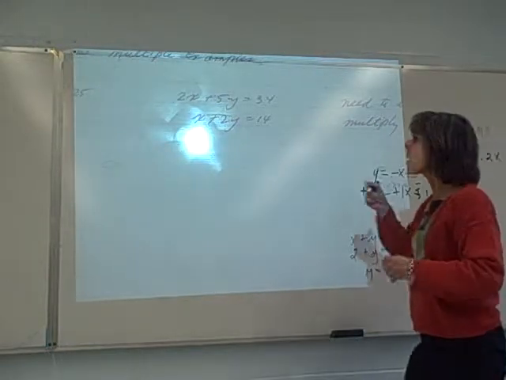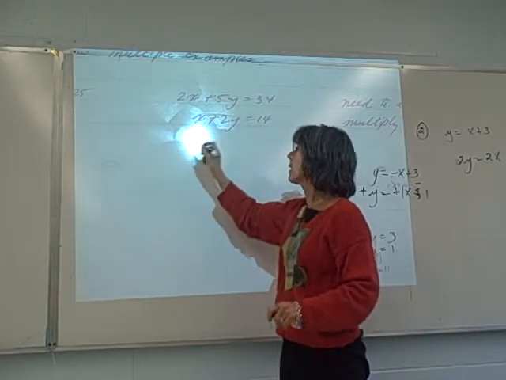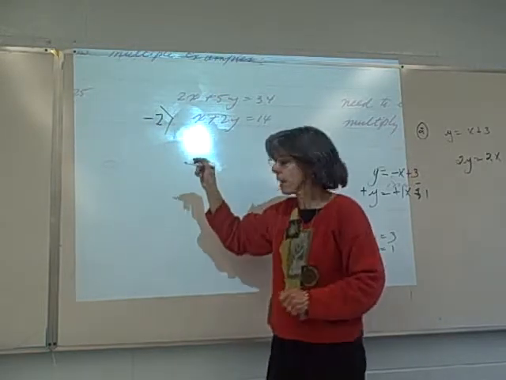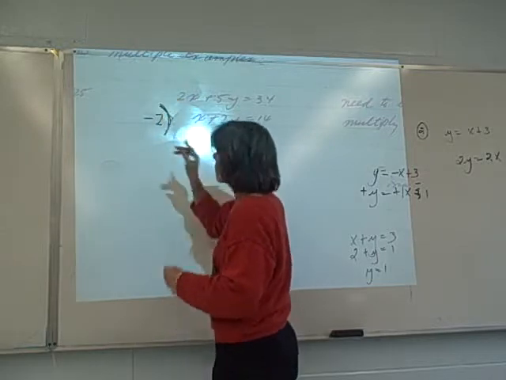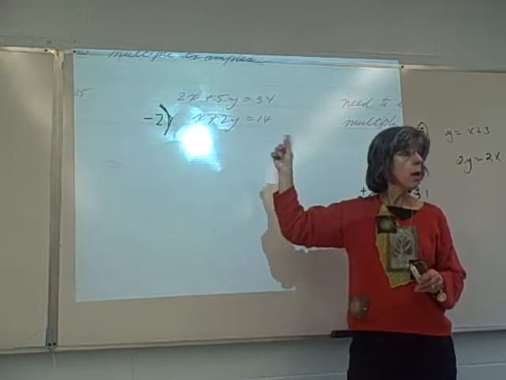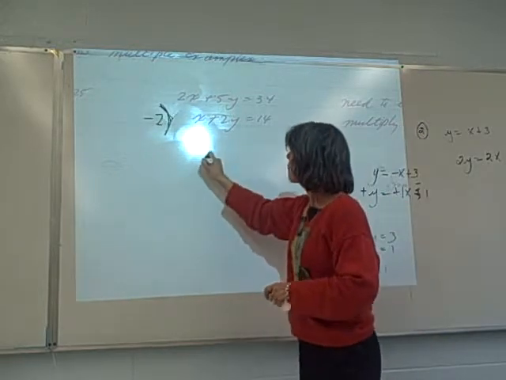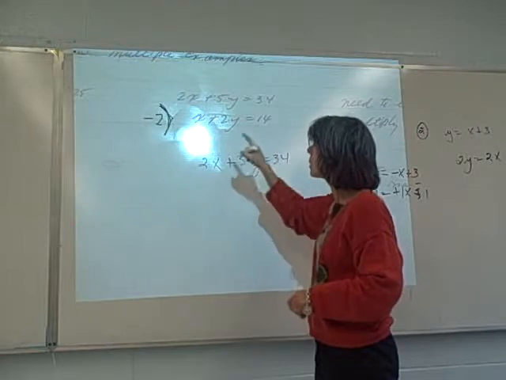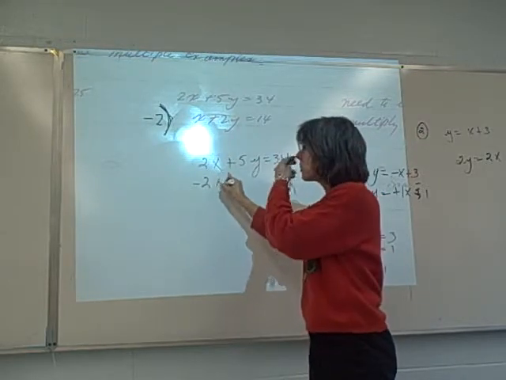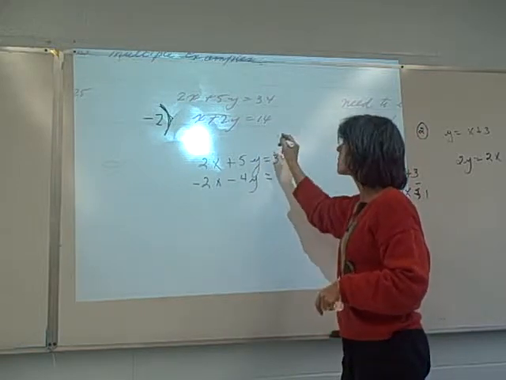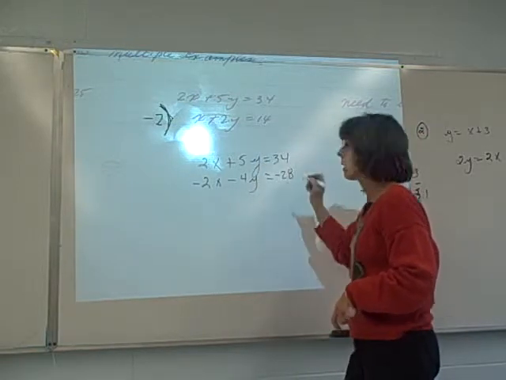Yeah, so if I multiply this bottom one by a negative 2, and this is not an official sign, sometimes I just put a little parentheses, but it's my symbol to myself that I'm multiplying that row by a negative. So I have 2x plus 5y equals 34, and this is going to be a negative 2x, a negative 4y equals a negative 28.